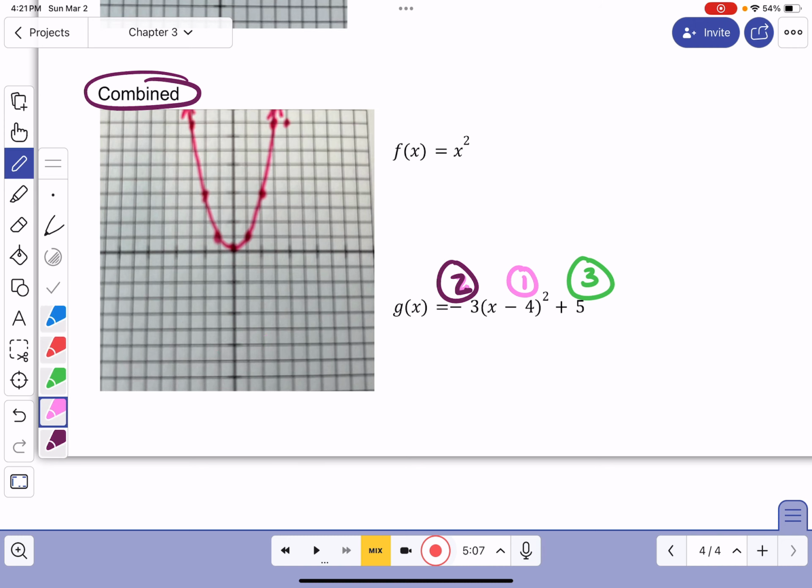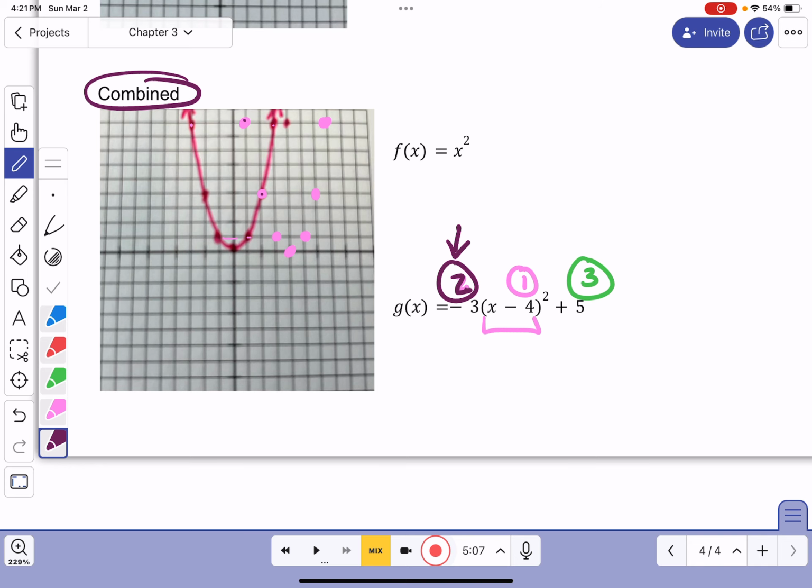Other people need to do it step by step. So the way that would look is I'm going to go right 4. So I'm going to take each of these dots and move them right 4. Then I'm going to take all the y's and multiply by negative 3. This is going to go way off the paper, so I'm not going to do that one.